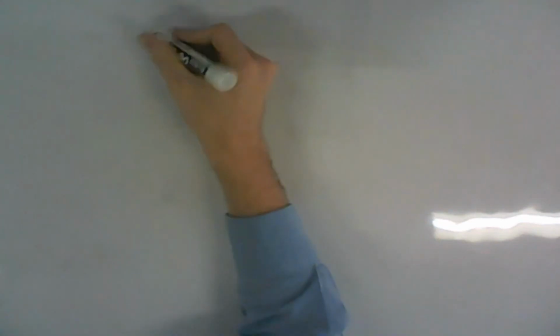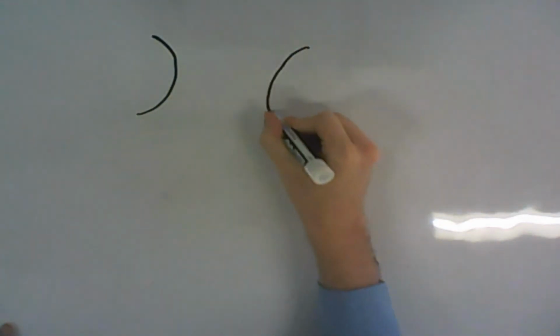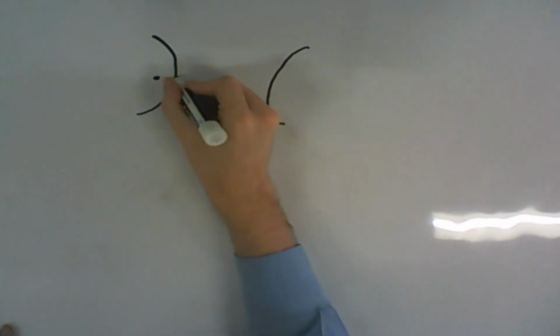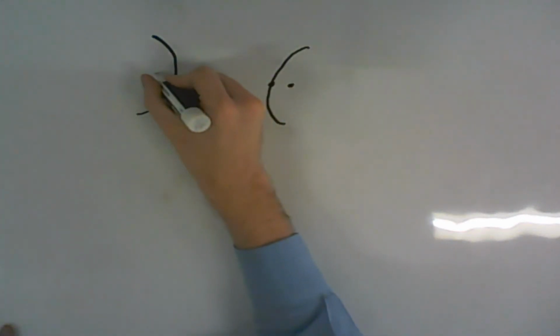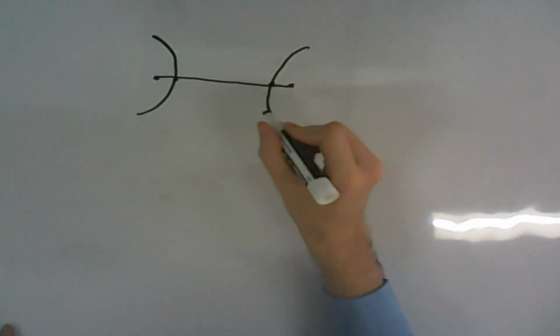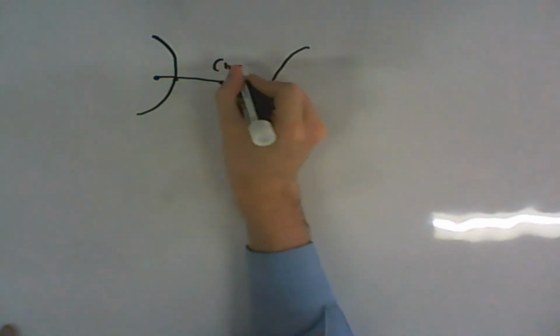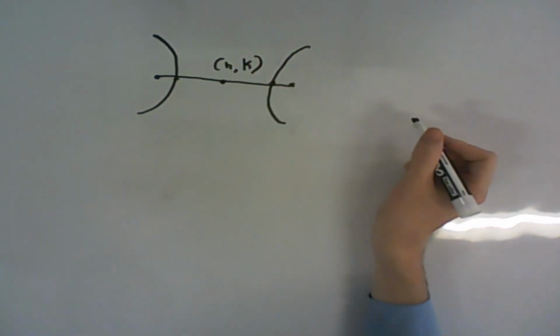Okay, so our graphic. I'm going to draw them both on the same area. Okay, so this is H, comma, K. Sorry, that's small.